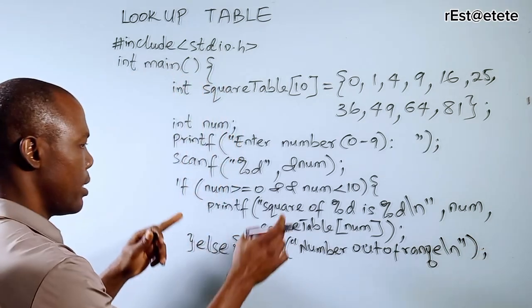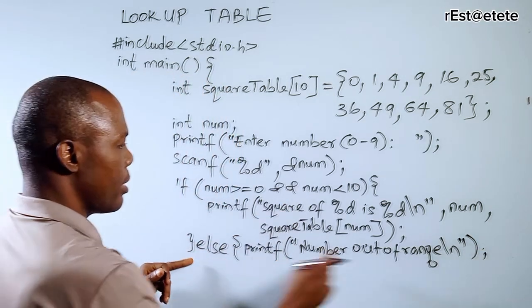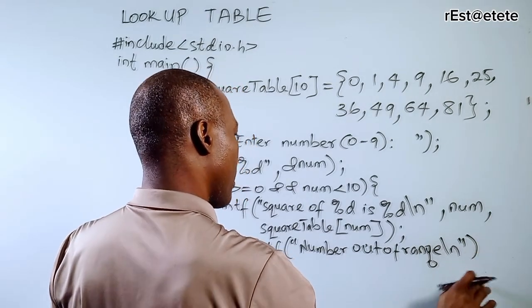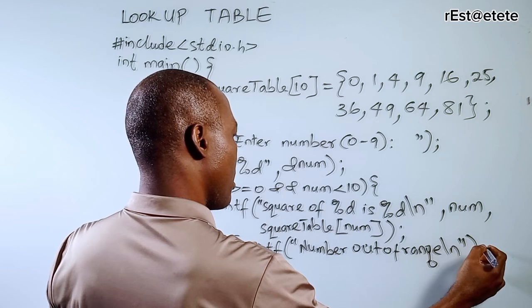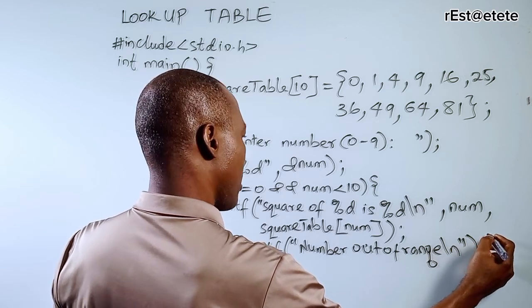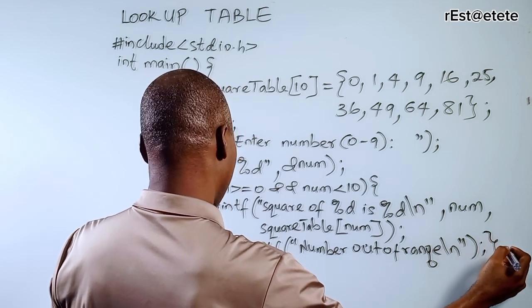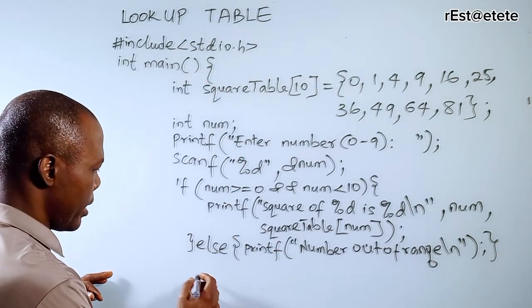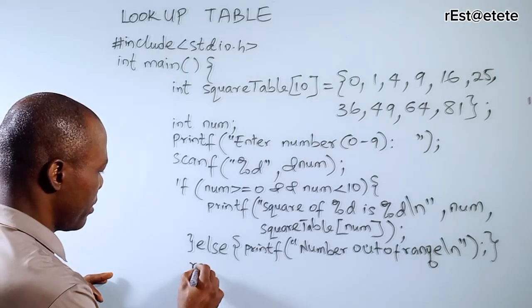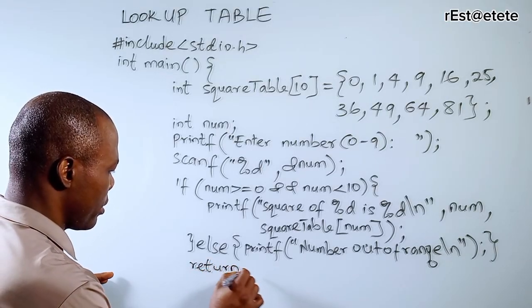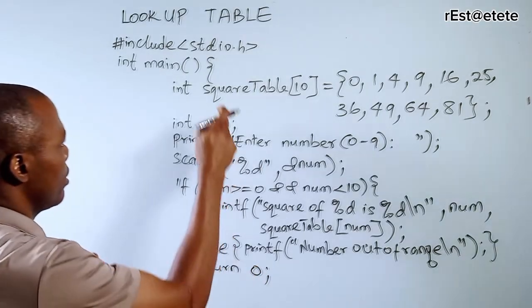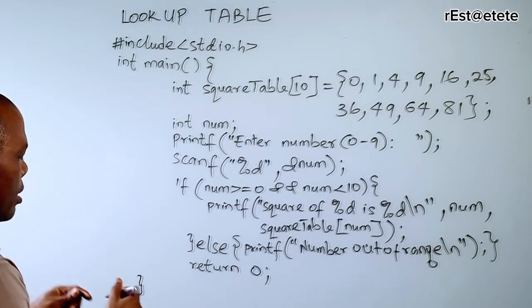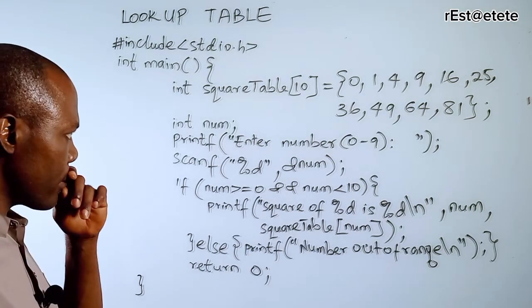I'll close that. Then I'll close my curly bracket. Then I'll have return 0. So this, I will close it. All right, so that is my program.